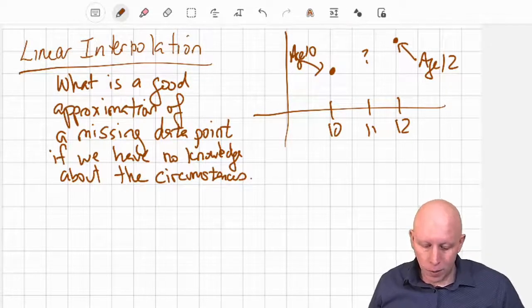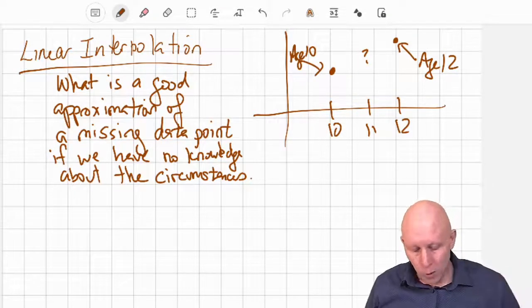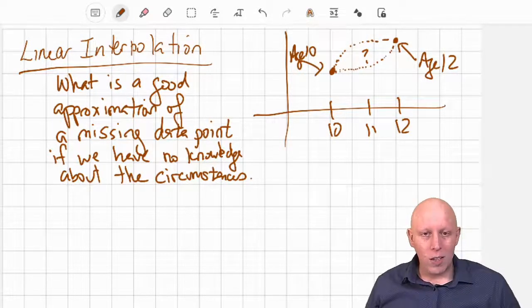Now, the thing is, around that age, you're growing at variable rates. So the answer could be you grew really, really fast and then leveled off, or maybe you were in a slow growth spot and then you increased quickly.